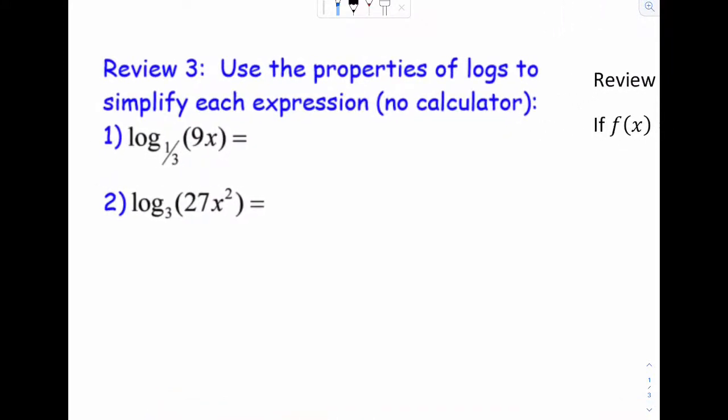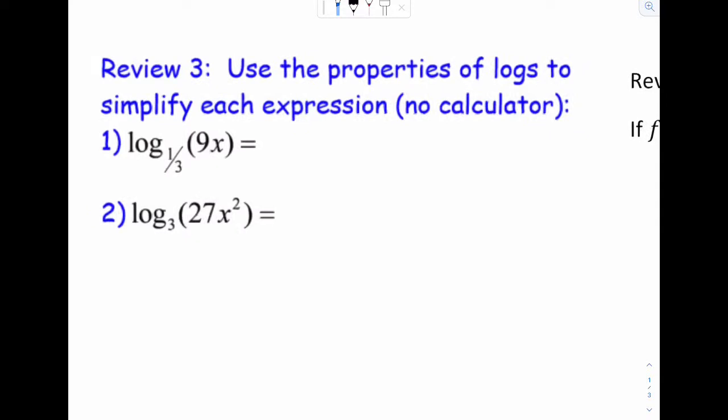Review 3. Use properties of logs to simplify each expression. So for this one, a couple things we can do. Let's separate this: log base 1/3 of 9 plus log base 1/3 of x. So at first glance, it looks like this is pretty much all you can do, but we actually can go a little bit further.